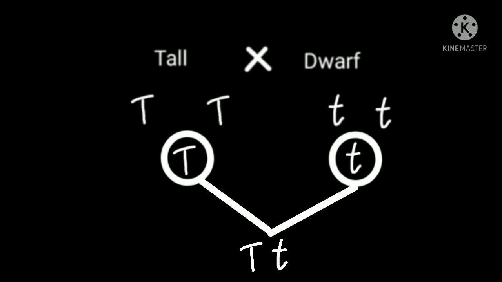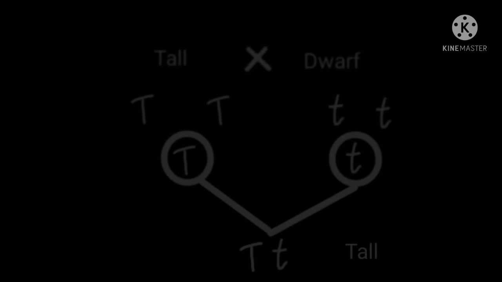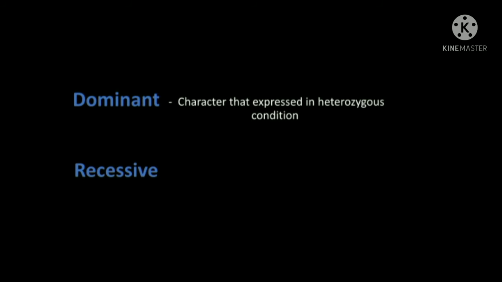Although it has both the alleles for tall and dwarf character, offspring only express the tall character. This is because the tall character dominates over the other. So, when a character dominates over the other character, it is called the dominant trait, and the other character is called the recessive trait.